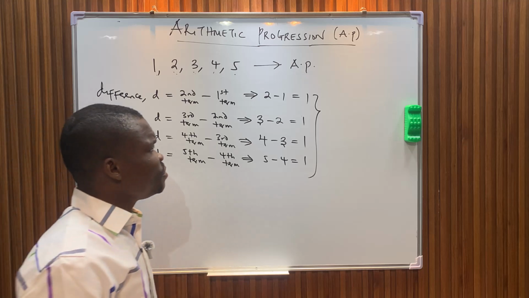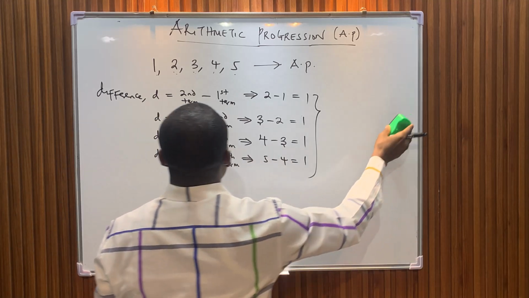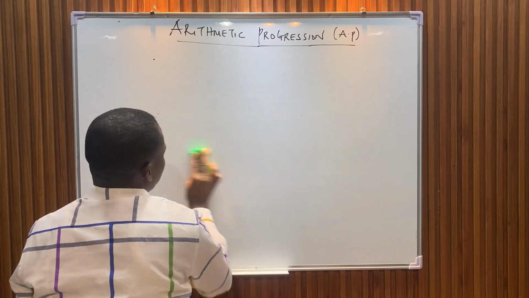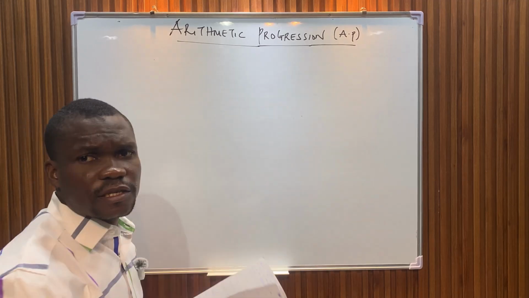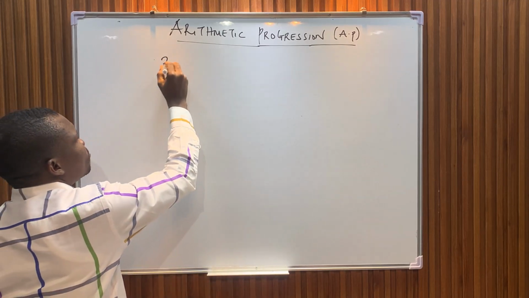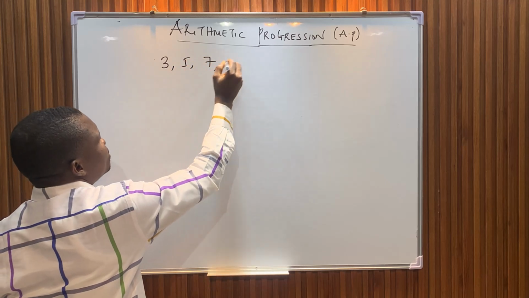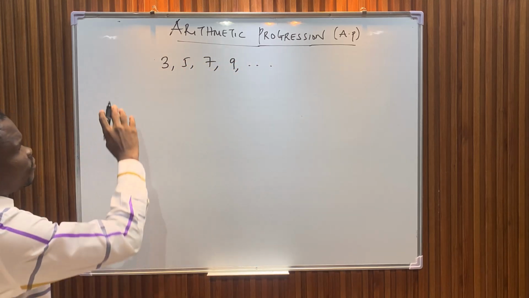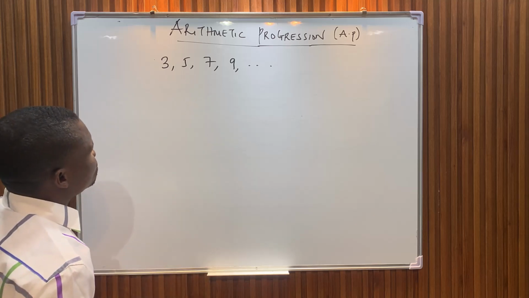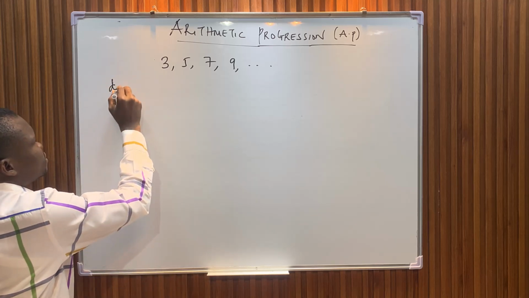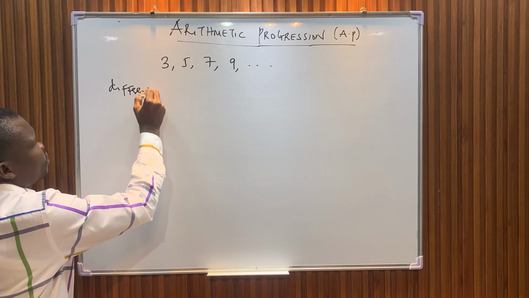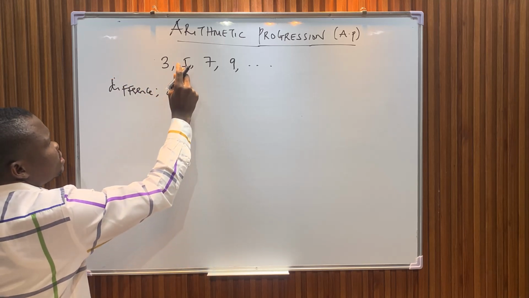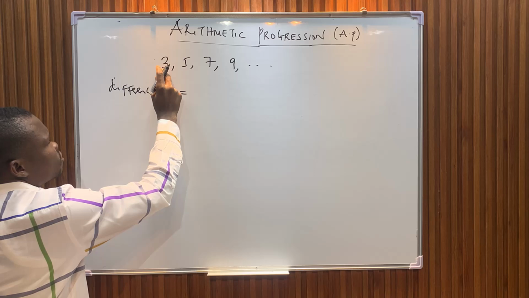Now, let's examine another sequence: 3, 5, 7, 9, and so on. What's the difference between the consecutive terms of the sequence? Let me call the difference here D. The difference is the second term minus the first term.